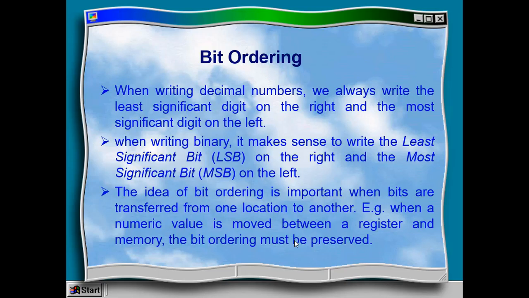The sender and the receiver must agree about the bit ordering so that the message can reach us as it was sent. That's very good to take note of about the LSB and the MSB and the agreement between the sender and the receiver.